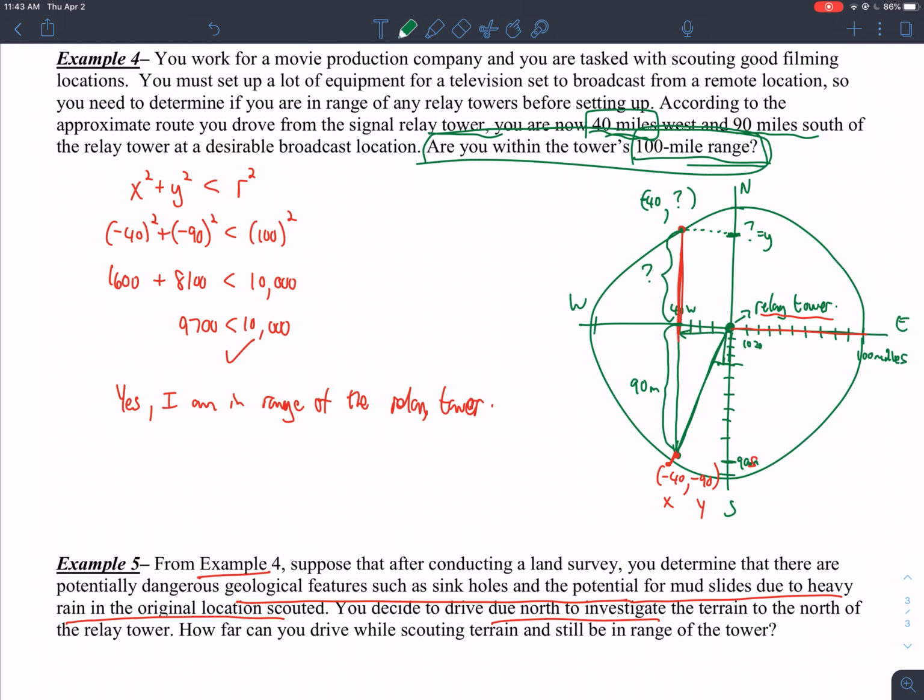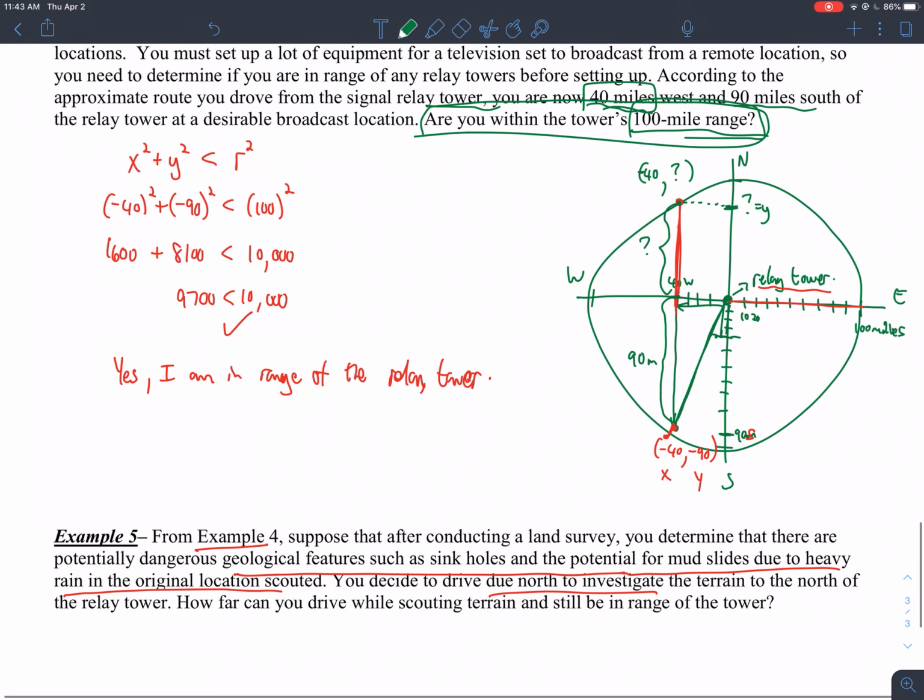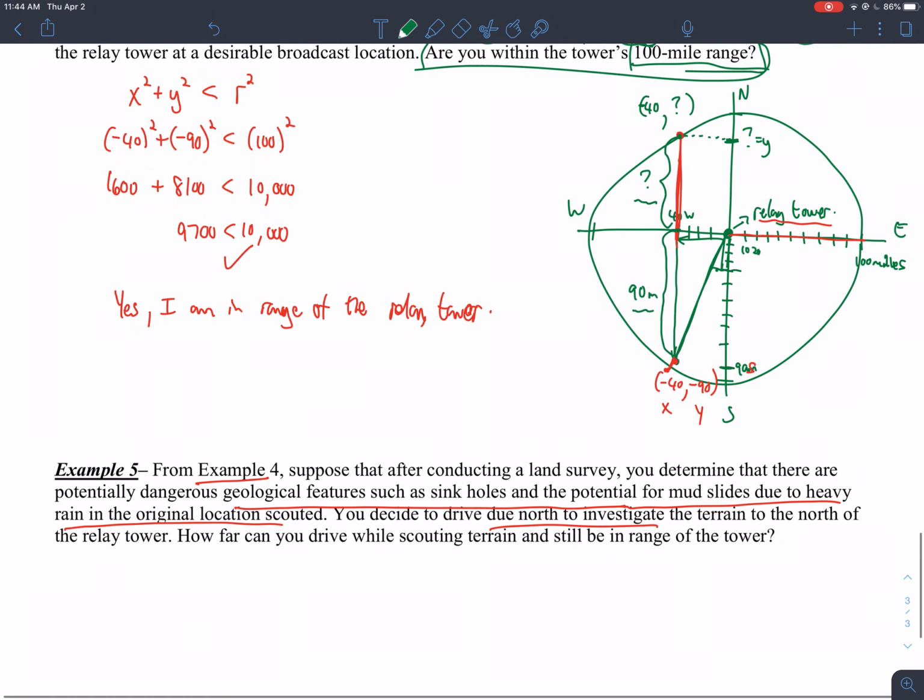So I have 90 miles that I've driven here, and I want to find out how far I'm still driving from the x-axis to the edge of the circle. All I have to do is find the missing y-coordinate.